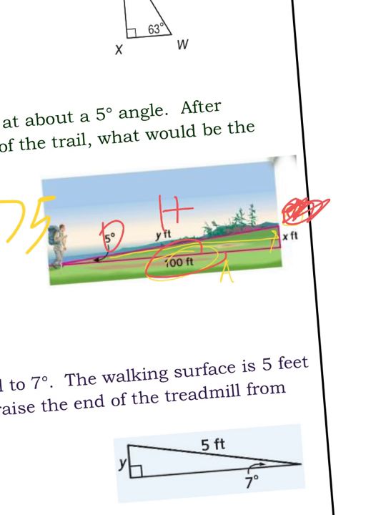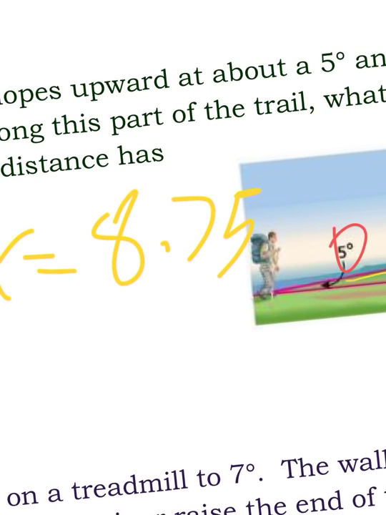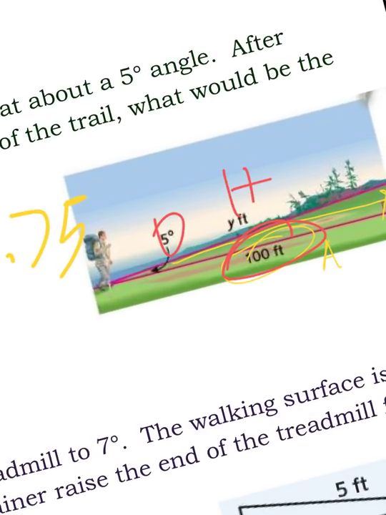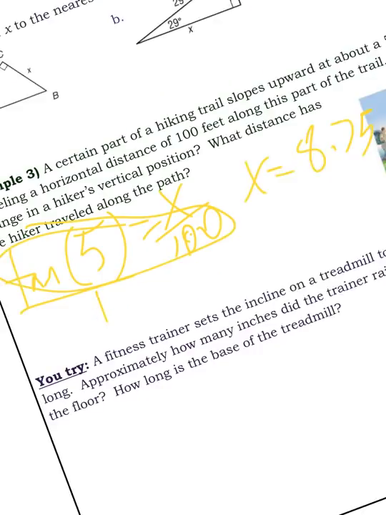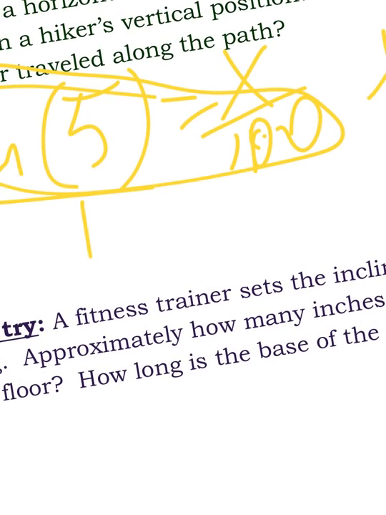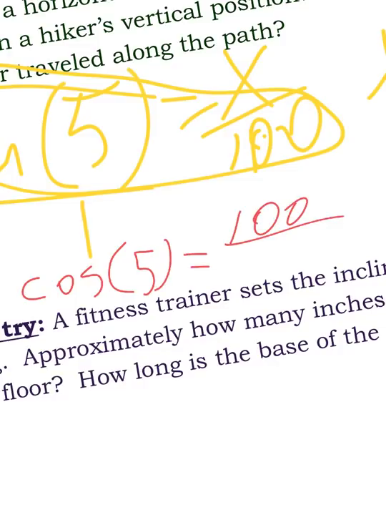Use 100. You can get more of a precise answer, because I used 8.75. That's a rounded number. So I'm going to use a and h. That's cosine. So I'm going to say cosine of 5 degrees equals a of 100 over h, which is y.